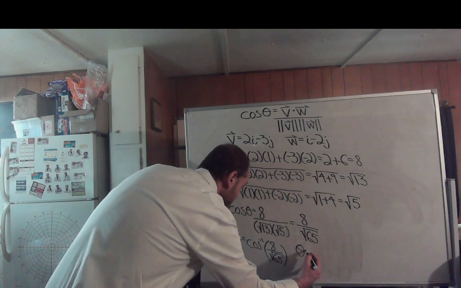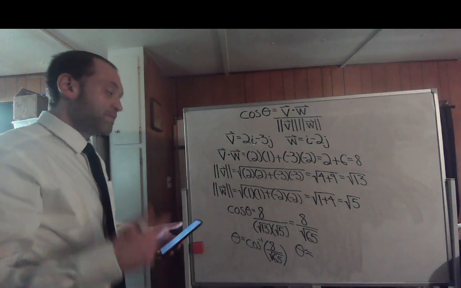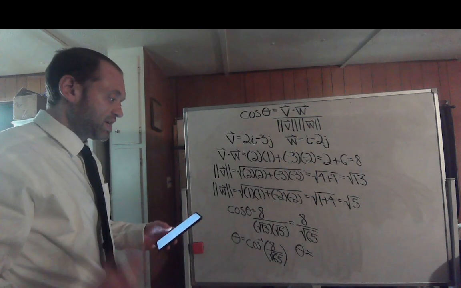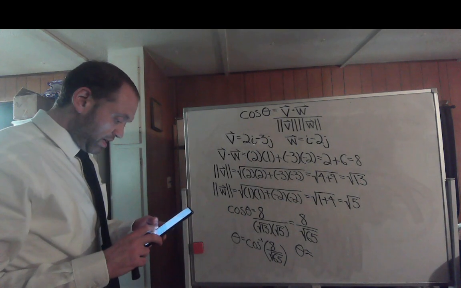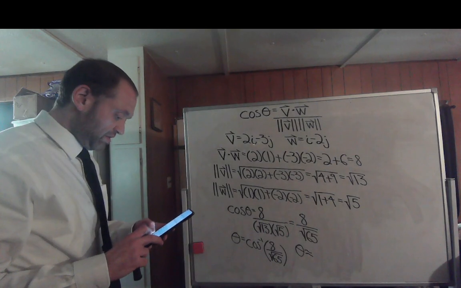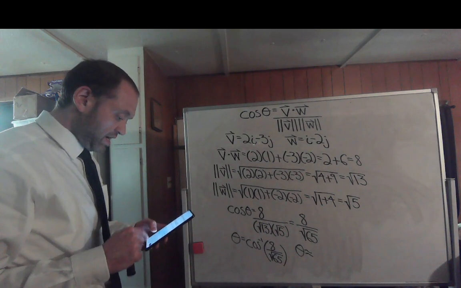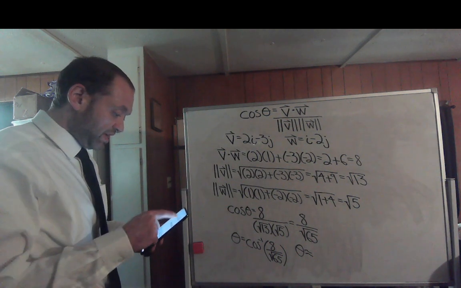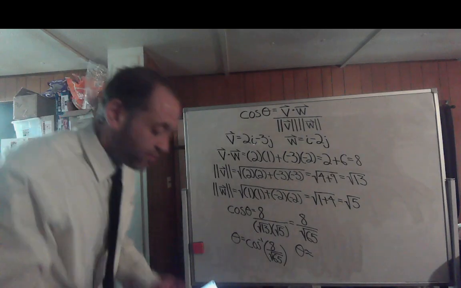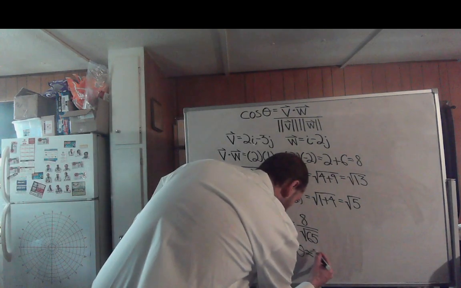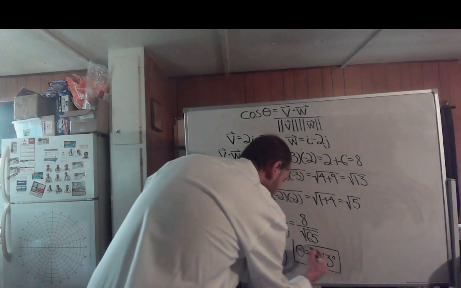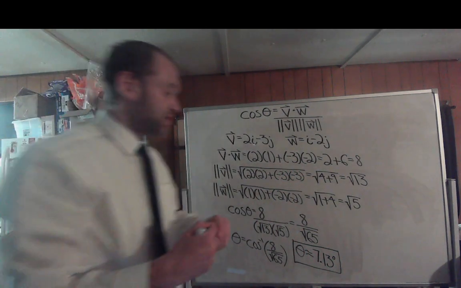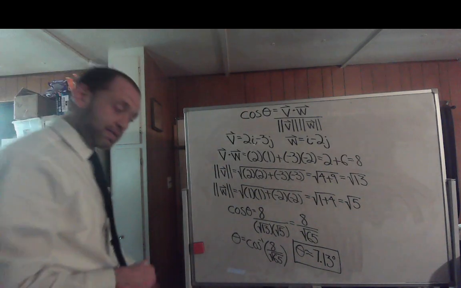So now we should be able to get an approximate angle value for that. And it should be in the first quadrant since we're taking the inverse cosine of a positive number. Okay. So the square root of 65, now take 8 and divide it by that answer. Now take the cosine inverse of the answer. You get an angle of approximately 7.13 degrees. So theta, which is the angle between vectors v and w, is approximately 7.13 degrees.